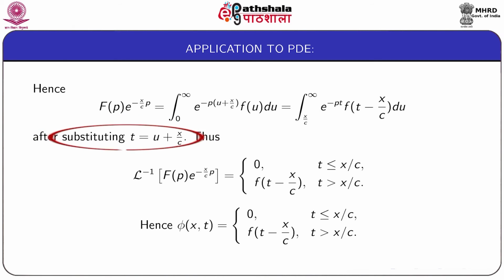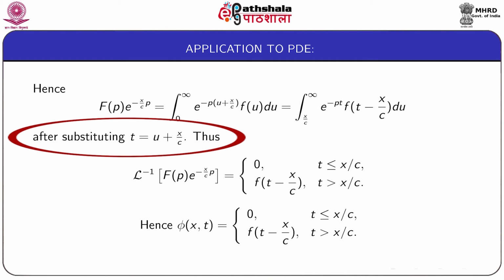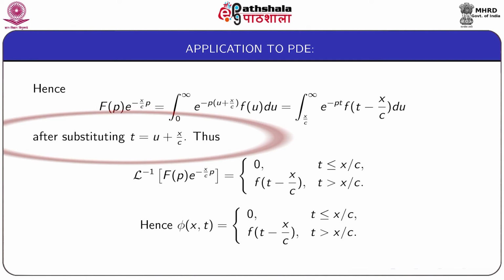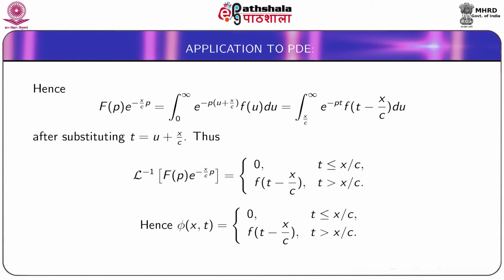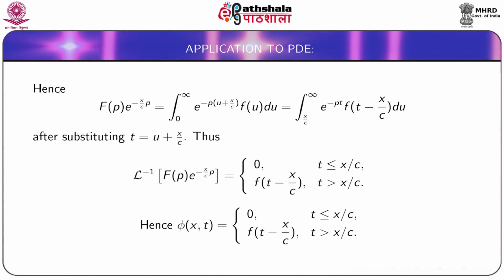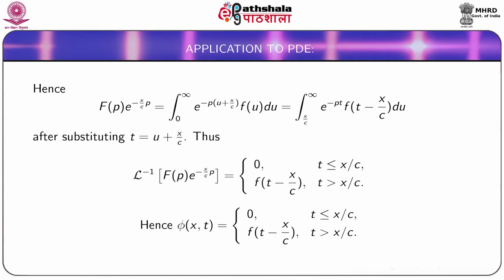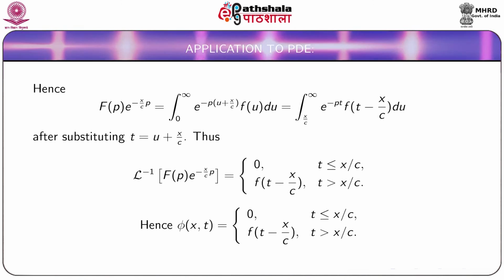After substituting t equal to u plus x by c, this integral becomes equal to integral from x by c to infinity e to the power minus pt f(t minus x by c) dt.